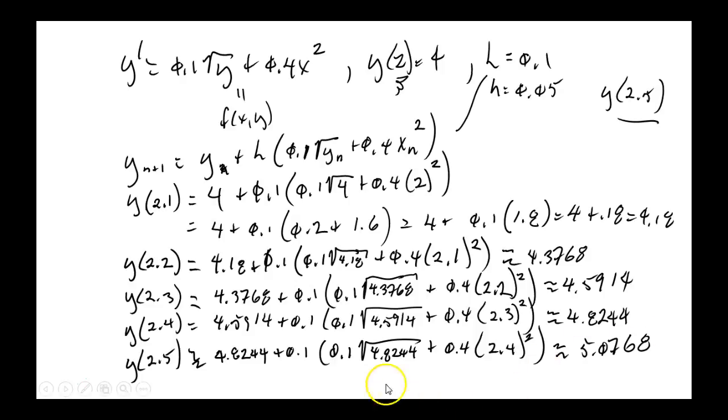Let's clear the page. Okay. Consider the initial value problem y prime is equal to 0.2xy with initial value y of 1 is equal to 1.